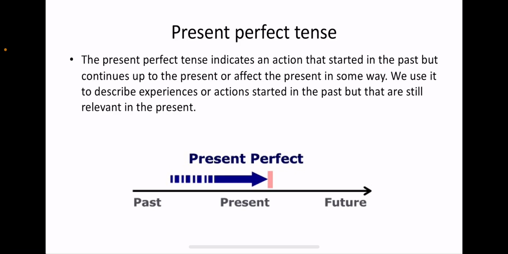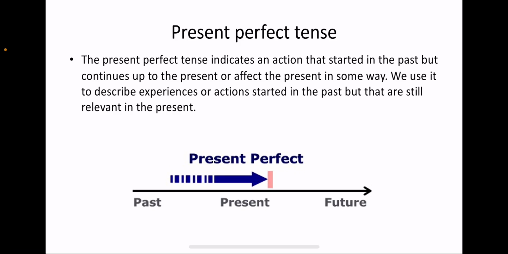Remember that we have studied the present perfect before, but in case you don't remember, basically the present perfect indicates an action that started in the past but continues up to the present or affects the present in some way. So basically we use it to describe experiences or actions that started in the past but those events are still relevant in the present.